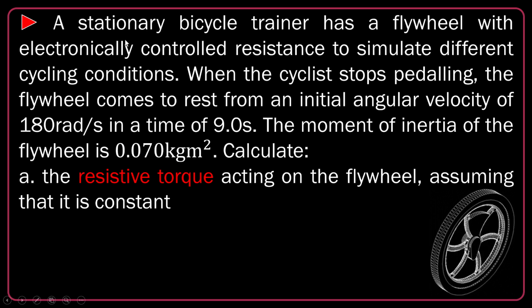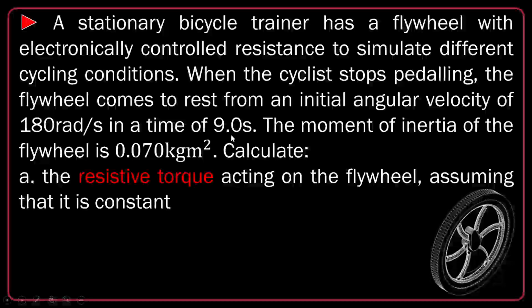Another question. A stationary bicycle trainer has a flywheel with electrically controlled resistance to simulate different cycling conditions. When the cyclist stops pedaling, the flywheel comes to rest from an initial angular velocity of 180 in a time of 9 seconds.